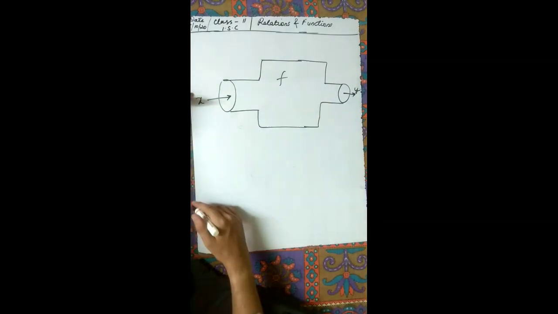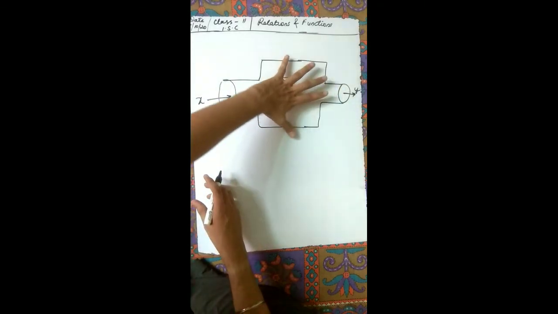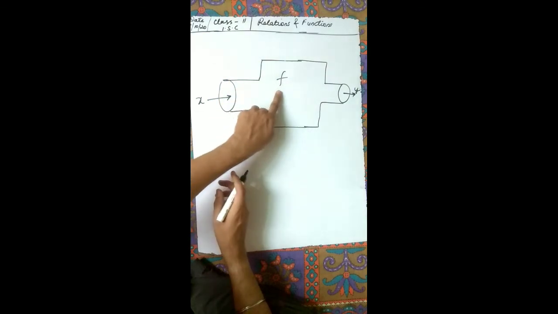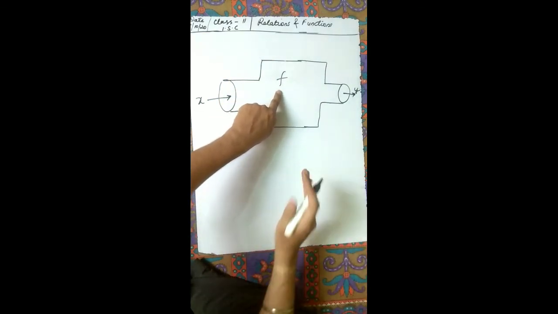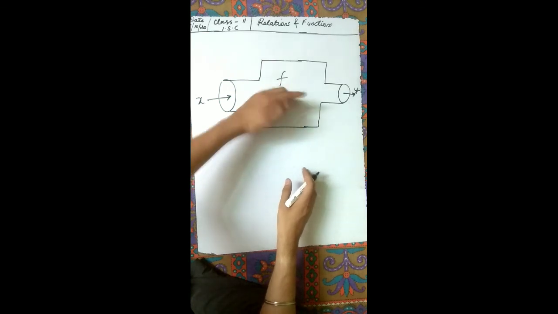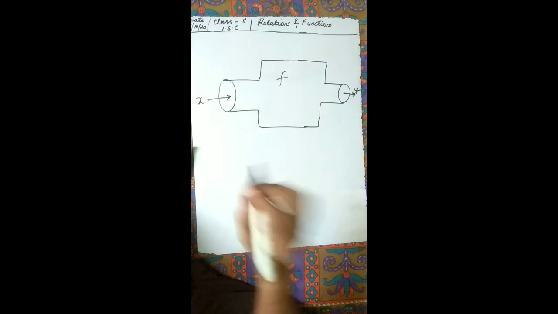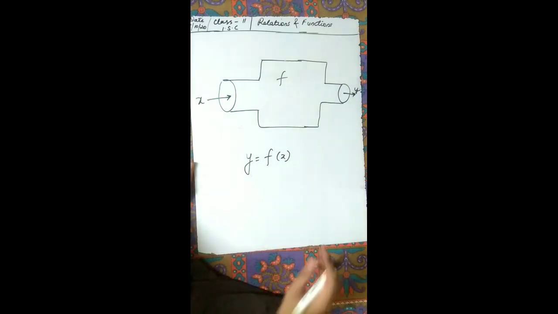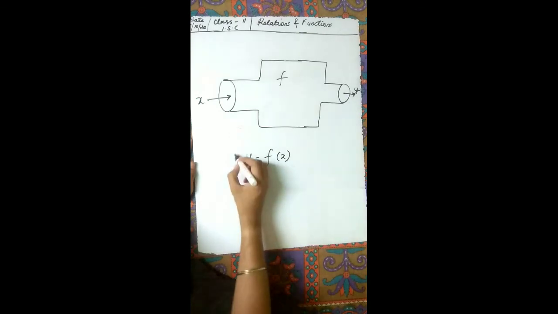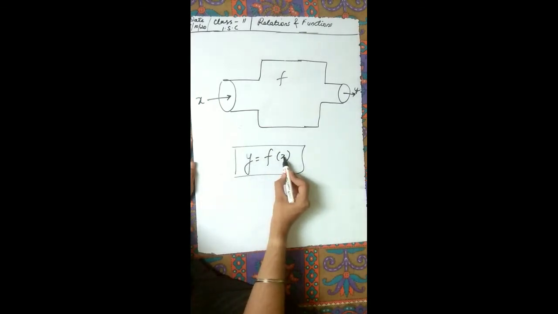In this you are giving an input value of x. It went inside, and it did some function. Let us consider that as f, and with respect to it we got the output in terms of y. For example, I'm writing y is equal to f(x). This is the very general way of writing. And what do we say? y is a function of x.